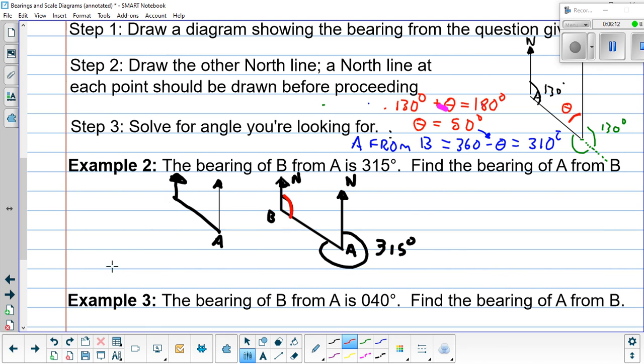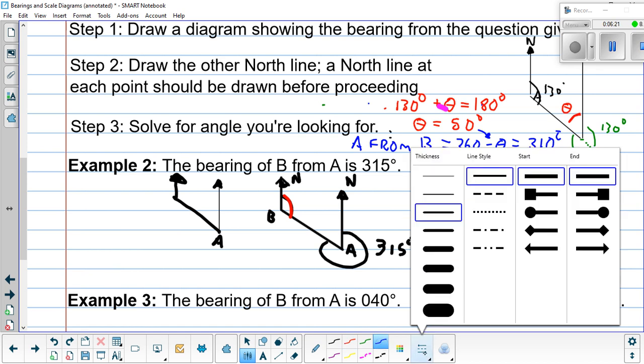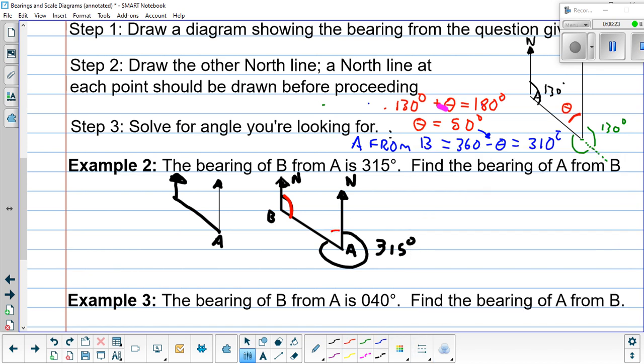So how exactly can we figure that out? Right, so any one you want to do. I quite enjoy doing the interior angles because I just know every time I can work with my 360.